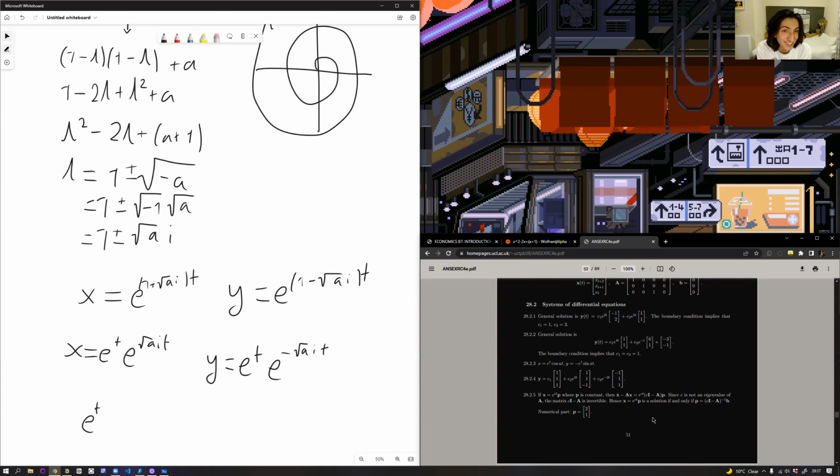I'm glad that this is probably not going to show up in the MCQ tomorrow, but it could. I would assume that in trig form you would have root A in there, root AT, but that would give you cos root AT plus i sine root AT, which isn't correct because that's not what the question is saying.